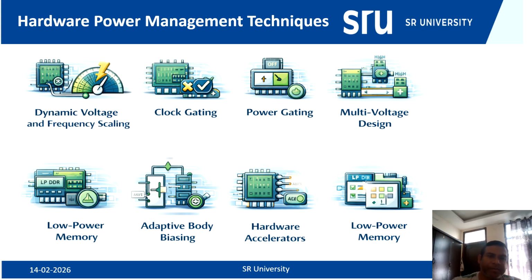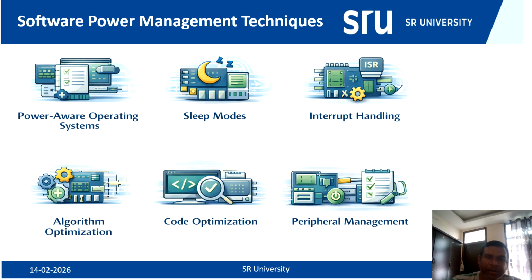Now coming to the next slide, here I will cover the software power management. In addition to hardware level strategies, software plays an equally critical role in managing power consumption in embedded systems.